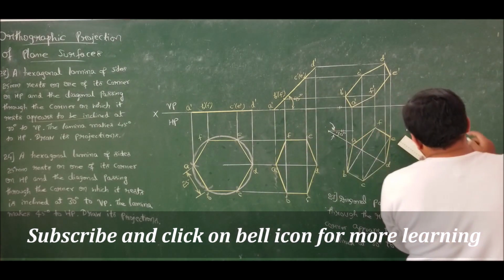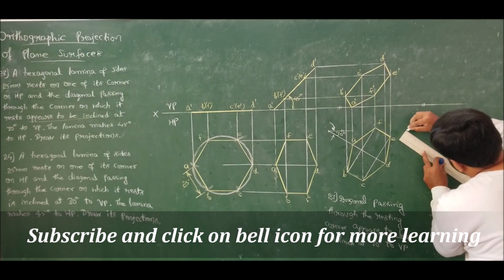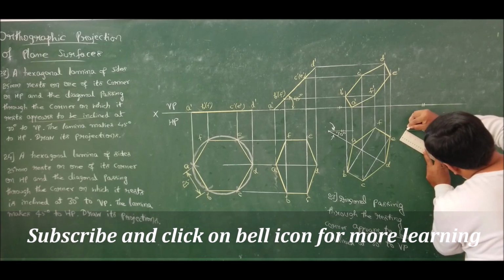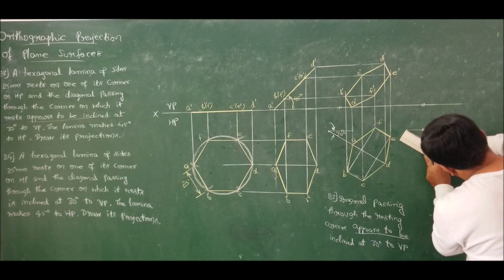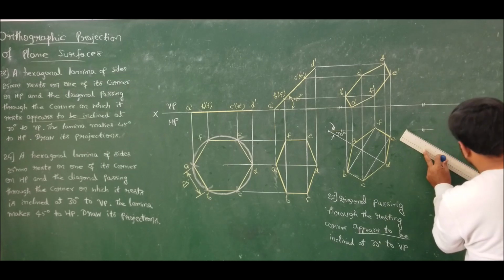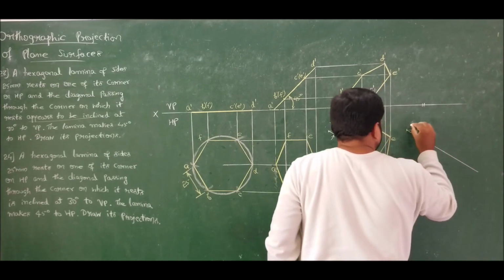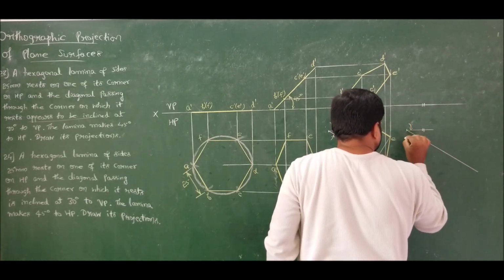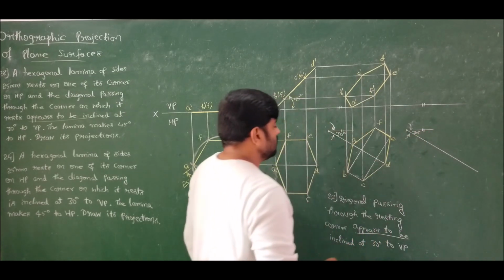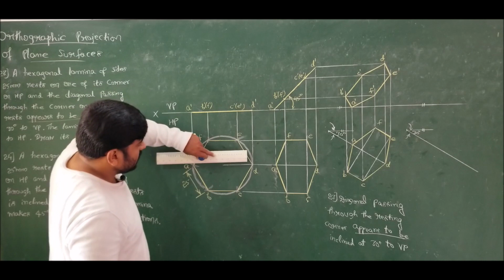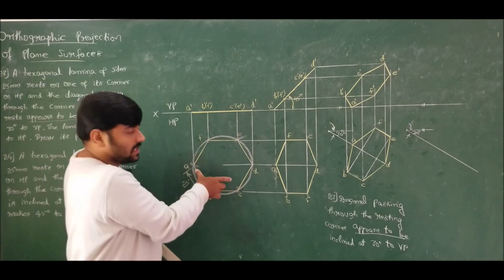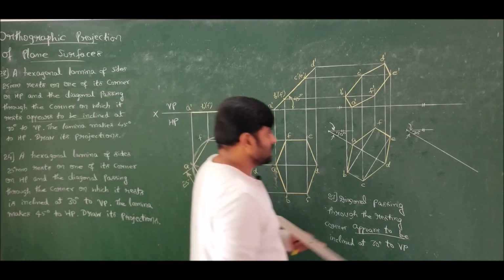Now on this line you place the true diagonal. So this is 30 degrees. True diagonal is the diameter of the circle, which is 50 millimeters.